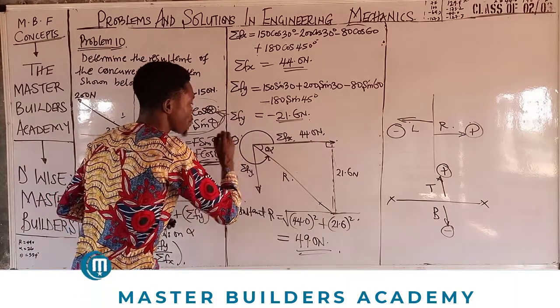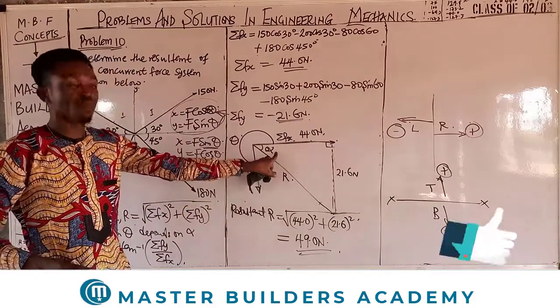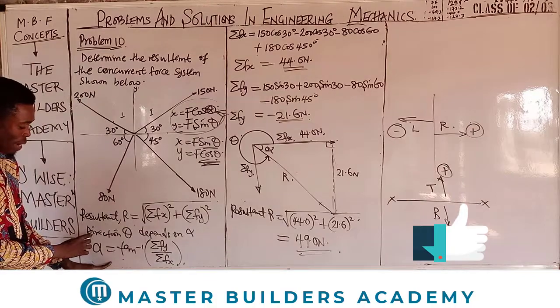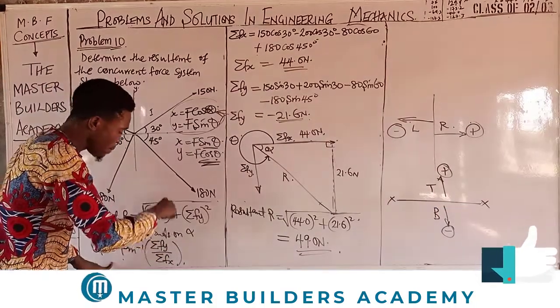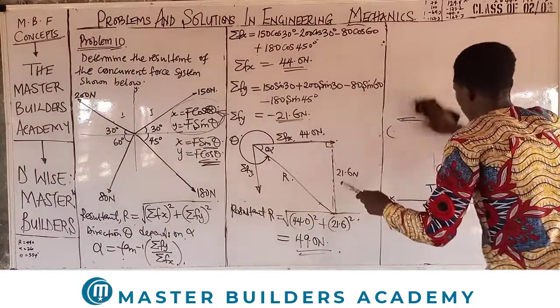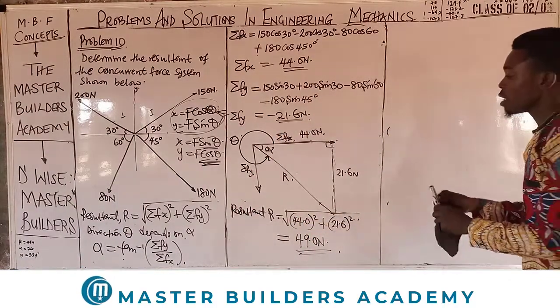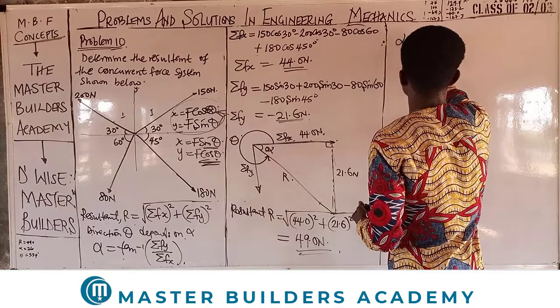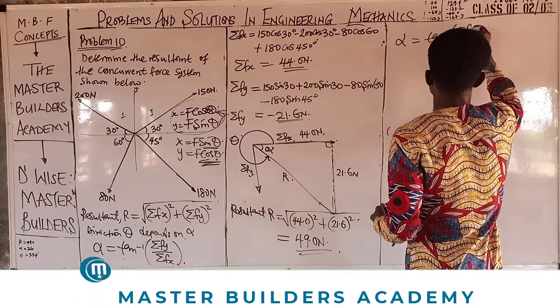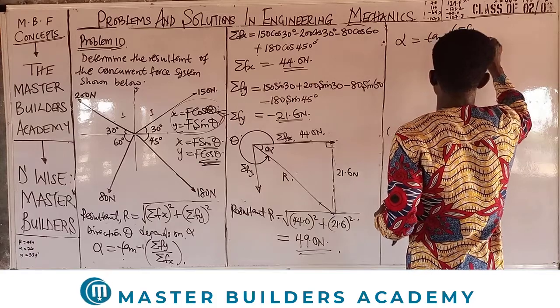This is our theta. So for us to find theta, we need to first of all find alpha using that formula, this. Remember I mentioned that the direction of the resultant depends on alpha. Now our alpha is on the fourth quadrant. So now recall that alpha is equal to tan inverse of sum of Fy over sum of Fx.